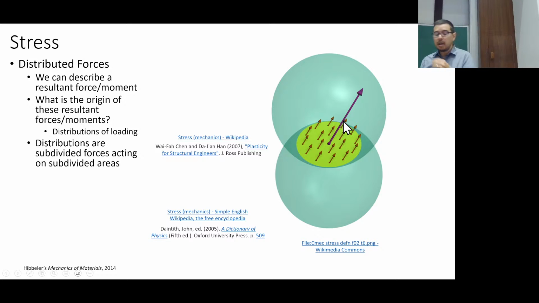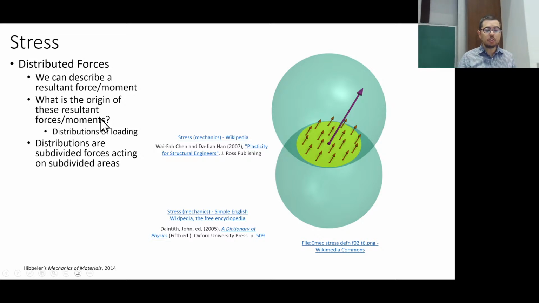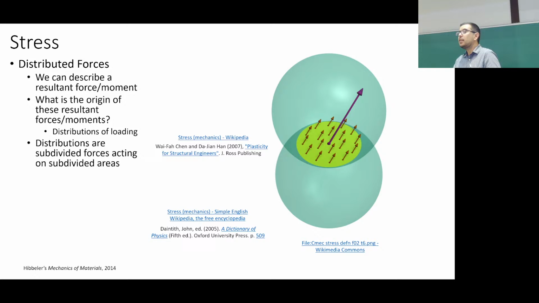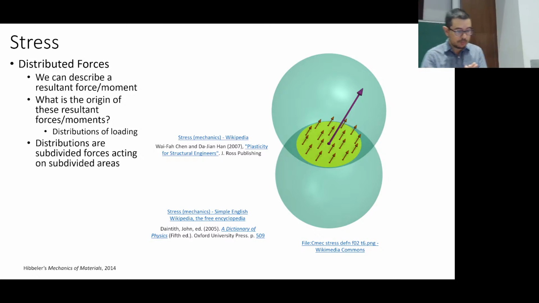Now, it turns out that that force is actually distributed over this cross-sectional area, just like you think of pressure in a piston acting on the surface of one of the plates, on the walls of the piston, and on the piston itself as it's moving up and down. So you've already got this idea that you can have some type of pressure distributed over an area, and that's going to be a force.